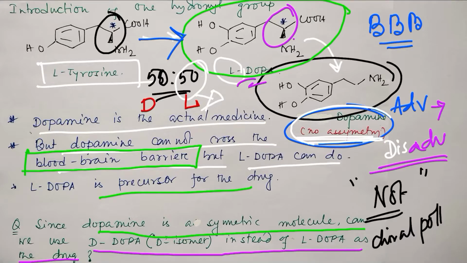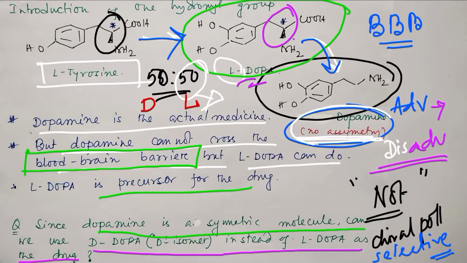So that is the advantage and that is the problem also. Why? Because if you consume d-DOPA, first of all it may create toxicity, or otherwise it may not be converted into the corresponding dopamine inside the brain, because the responsible enzymes are selective. So that's why you can't use d-DOPA.